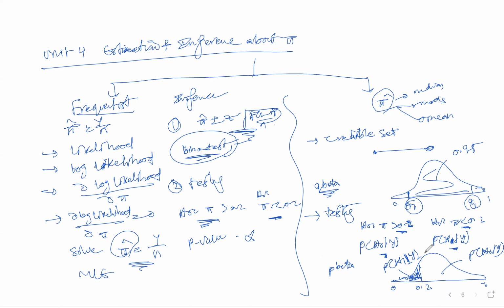And also, in testing in the Bayesian approach, we do not only compare the probability of H1 and the probability of H0 given y, we also calculate something called the Bayes factor. This Bayes factor is the posterior odds divided by the prior odds.